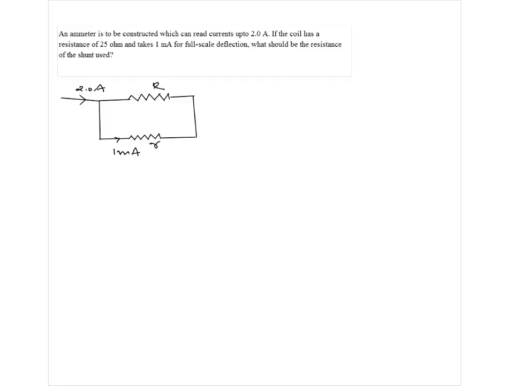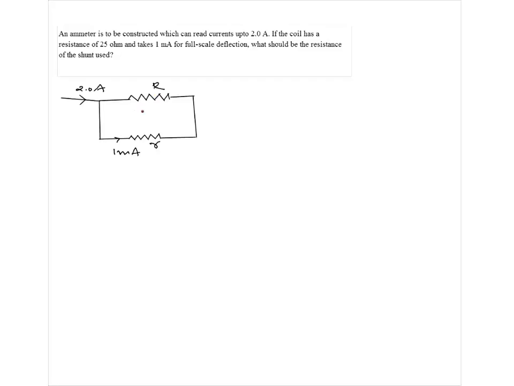Now, shunt has this purpose also. You would see different types of ammeters. Some ammeters can measure up to this, some up to that. You can convert the scale by choosing the appropriate shunt.